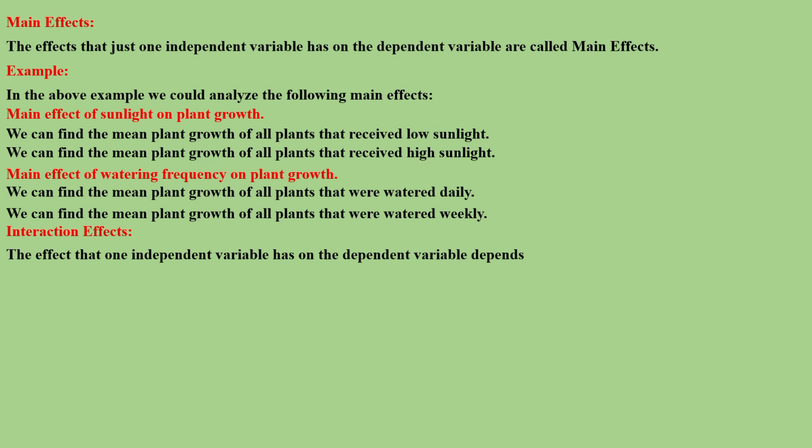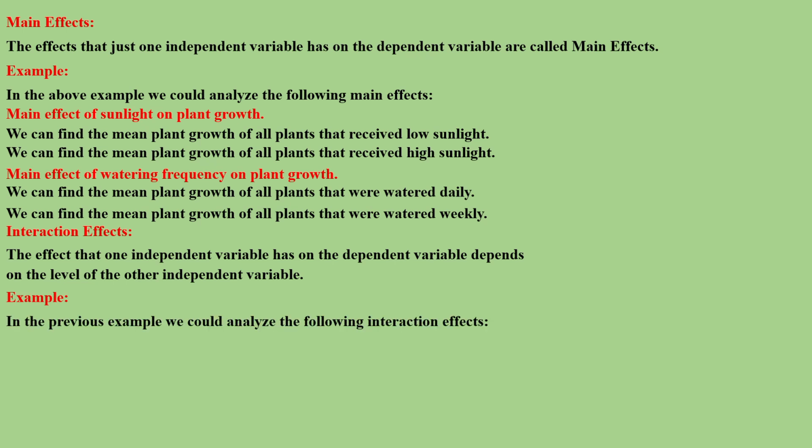Interaction effect: the effect that one independent variable has on the dependent variable depends on the level of the other independent variable. That is, in the above example, the following interaction. Does the effect of sunlight on plant growth depend on watering frequency? So is the yield dependent on watering frequency or not. So interaction, right?